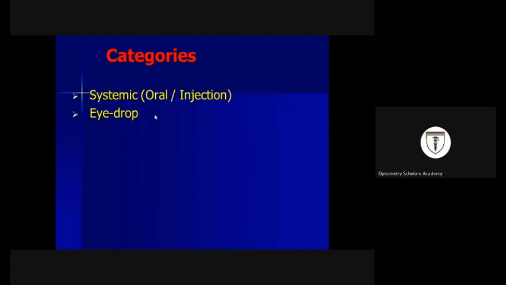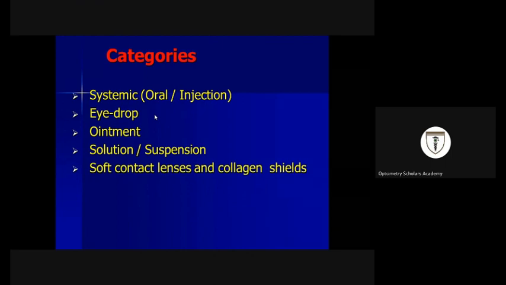So categories of drugs, we have the systemic, which is oral or can be in the form of injection. We have the eye drops, we have the ointments, we have the solutions and suspensions. We have drugs in contact lenses and collagen shields. So we also want you to know that drugs can be administered in contact lenses. So some contact lenses are manufactured in a way that drugs are built into them, for therapeutic purpose.